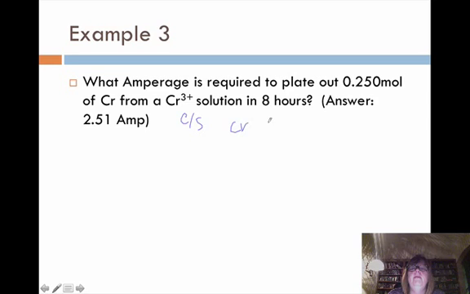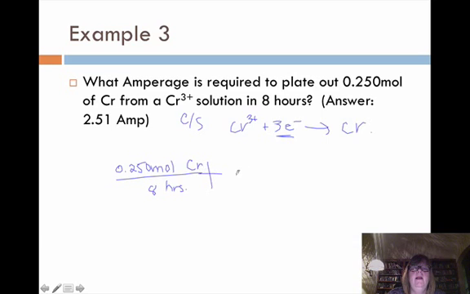And we've got chromium plus 3 electrons. That 3 is important, giving us chromium. On this one, we are starting with 0.25 moles of chromium, and that's in 8 hours that we're doing this.